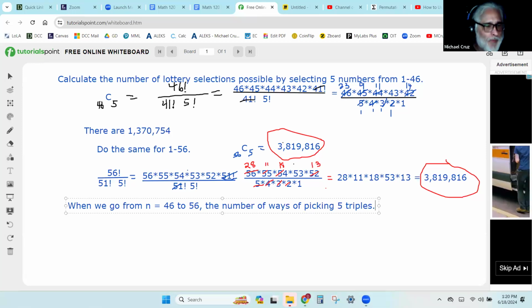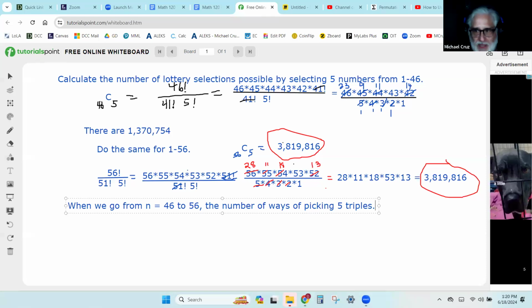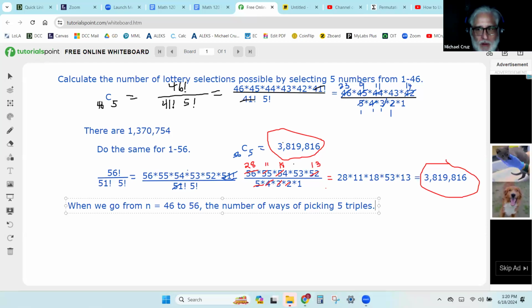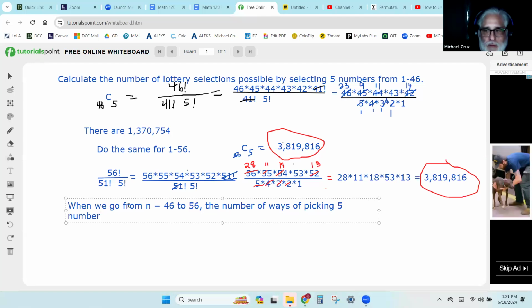So by changing that, did we increase the number of possible pick 5s? And it's almost 3 times as much. Not quite. If it was 3,900,000 something, then yeah, but it's pretty close to being.